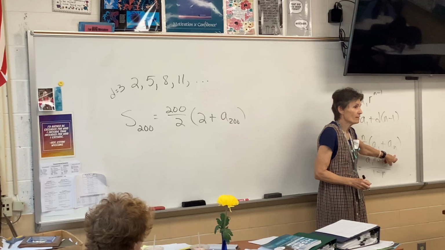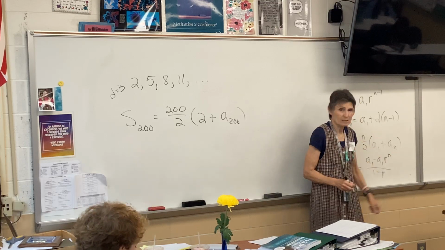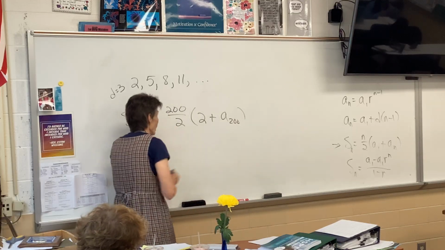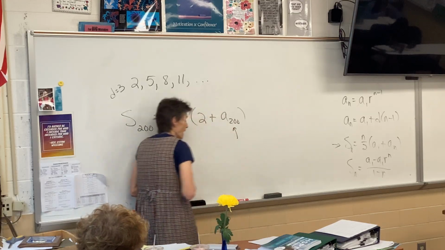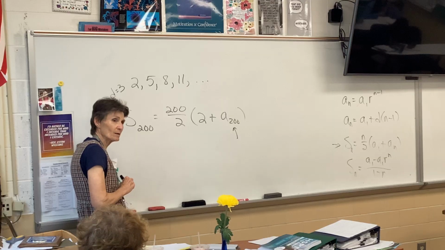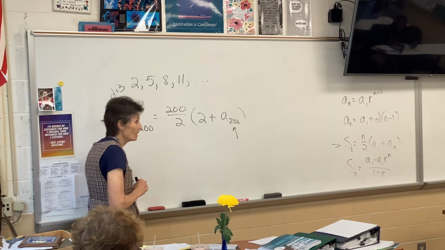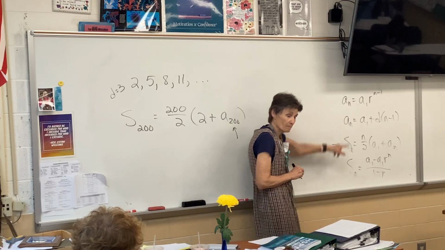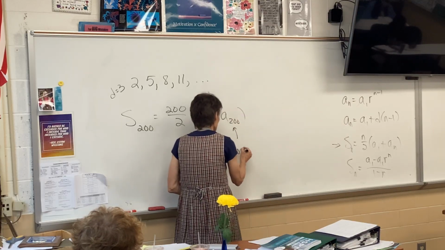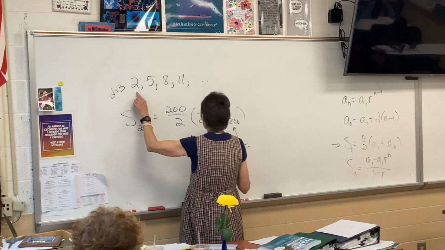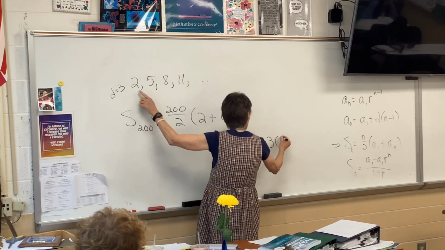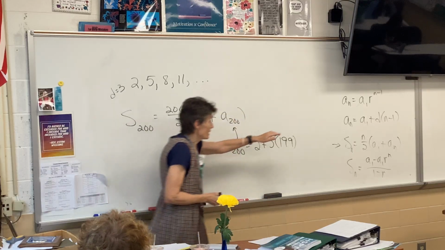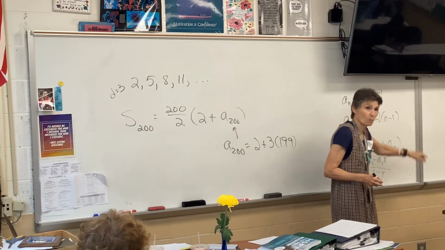Do I know that? No, this is the hard one, because I can't go on with the problem until I know what that is, right? How am I going to find that? I'm going to use my A formula for arithmetic. So a sub 200 will be the first term plus the difference times 199, which is n minus 1, 200 minus 1.